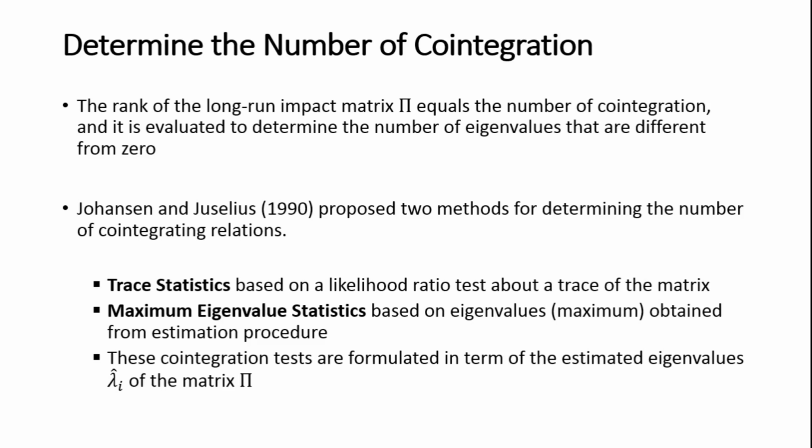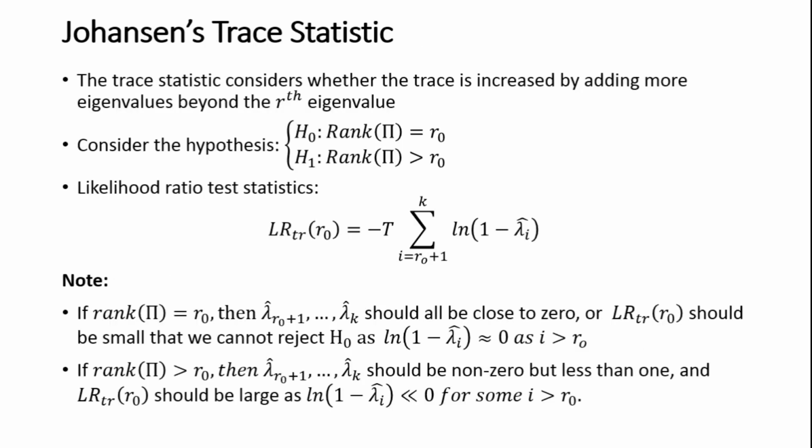These cointegration tests are formulated in terms of the estimated eigenvalues lambda of the matrix P. First, the Johansen trace statistic considers whether the trace is increased by adding more eigenvalues beyond the r0-th eigenvalue.